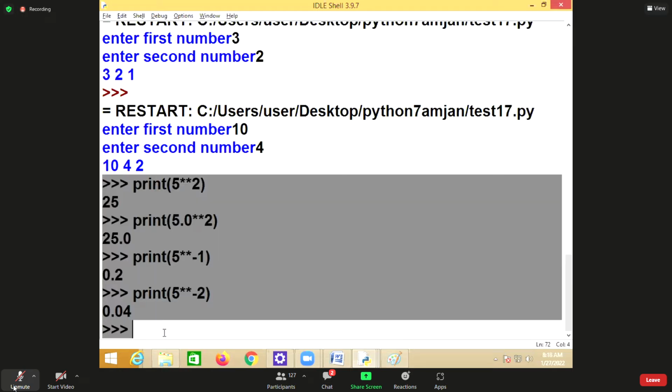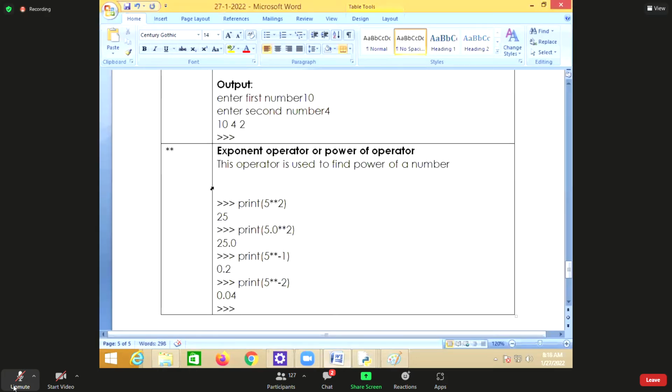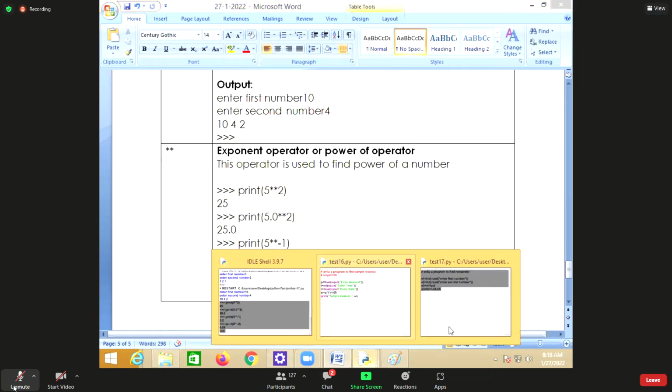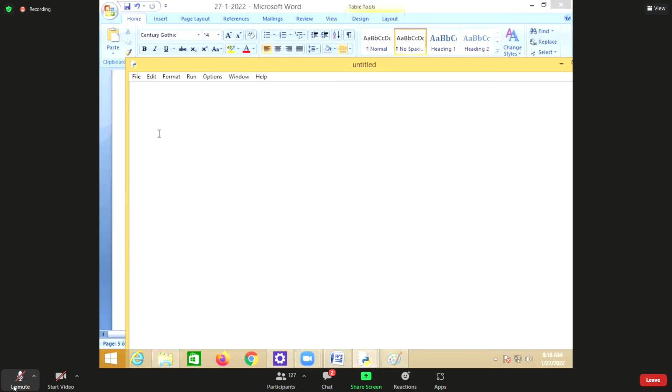So if you want to find the power of any number, you can find it by using which operator? Exponent operator. For example, square. If you want to find the square of a number or the power of any number, suppose we write a program to find the area of a circle.